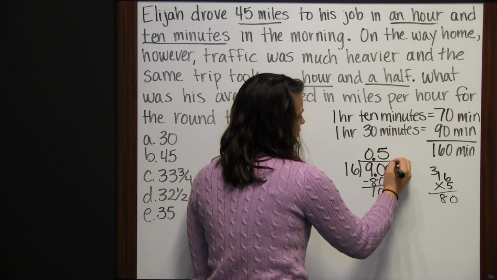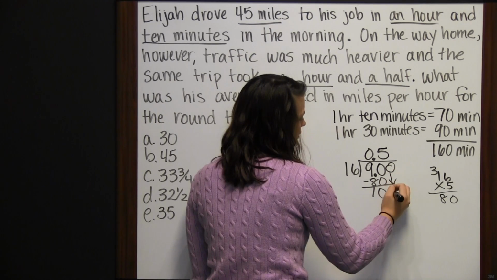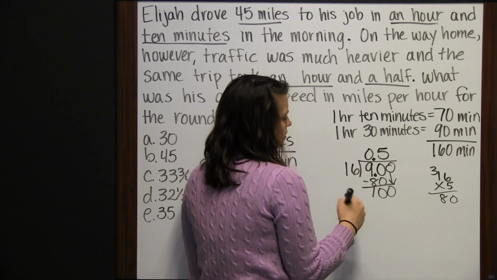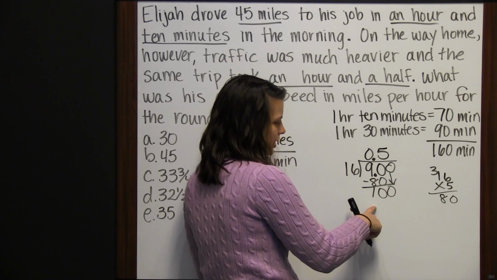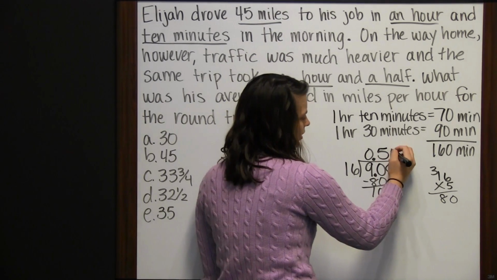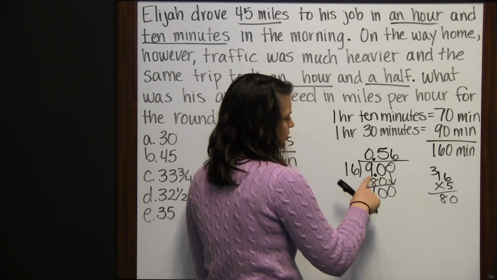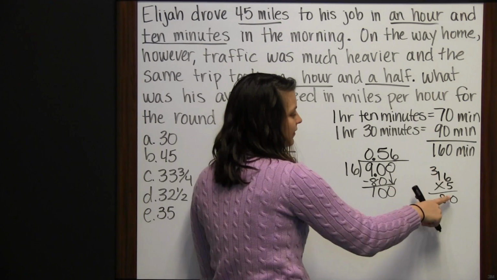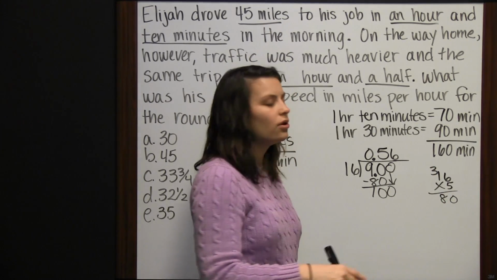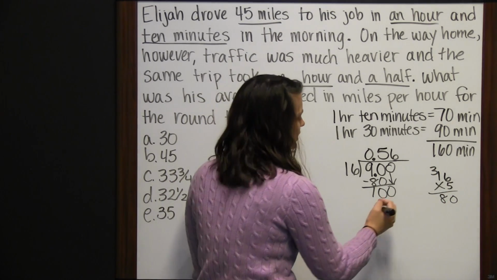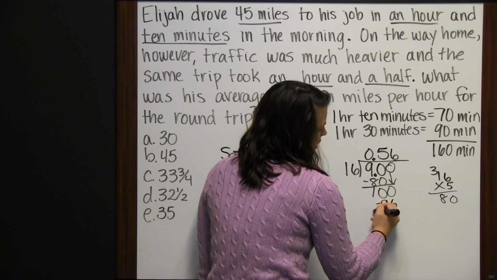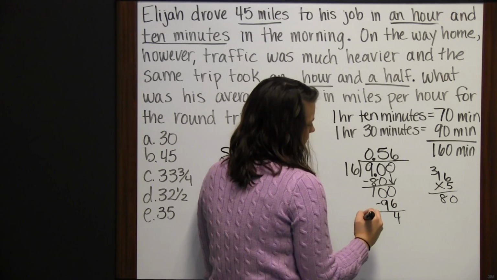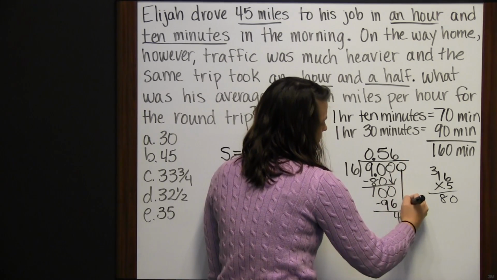So we need to add another 0 and bring it down. So 16 goes into 100 6 times. Since 16 times 5 was 80, then one more 16 would be 96. And then we subtract and we get 4. Add another 0, bring it down.